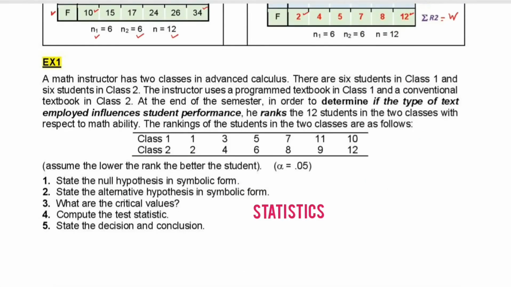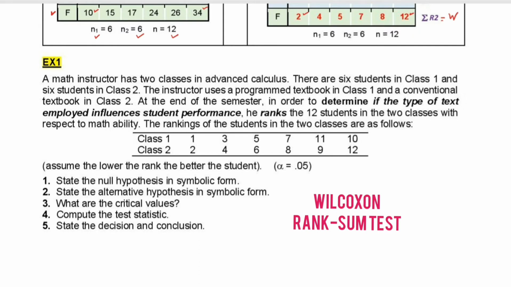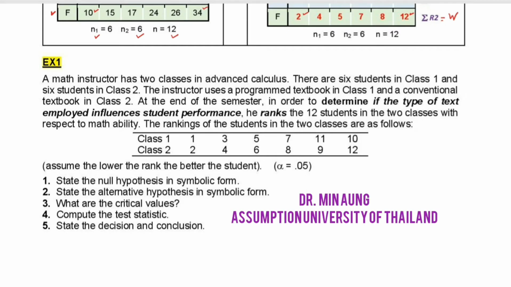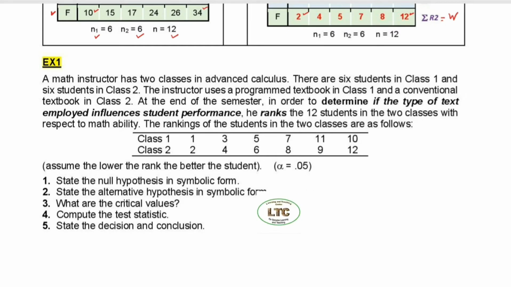Exercise 1. A math instructor has 2 classes in advanced calculus. There are 6 students in class 1 and 6 students in class 2. The instructor uses a programmed textbook in class 1 and a conventional textbook in class 2.